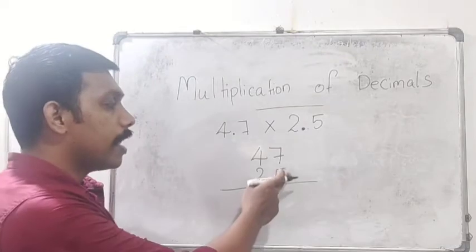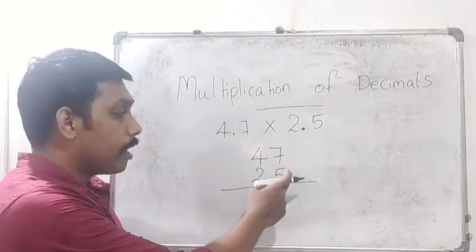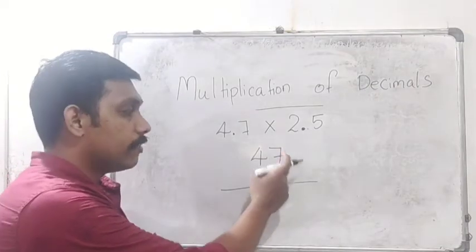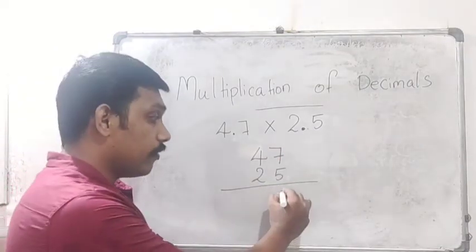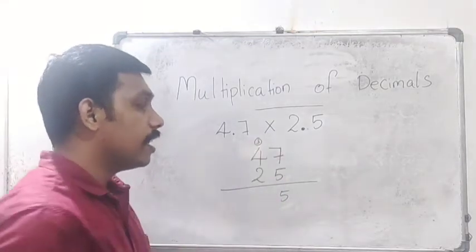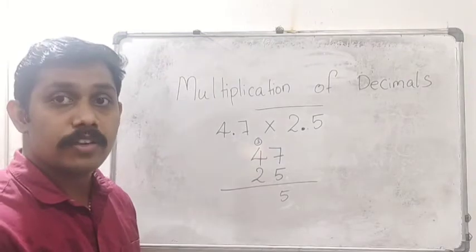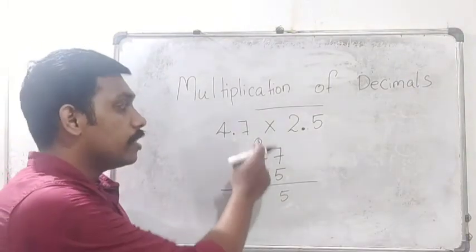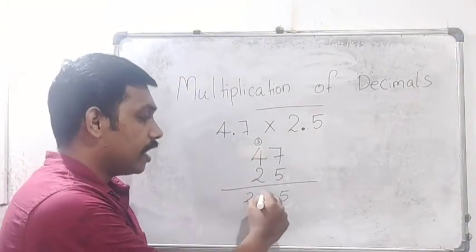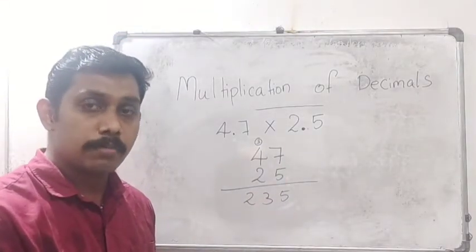First multiply by 5, using the ones place. 5 sevens are 35. Carry is 3. And again 5 4s are 20. 20 plus 3 is 23. So the multiplication by 5 is over.